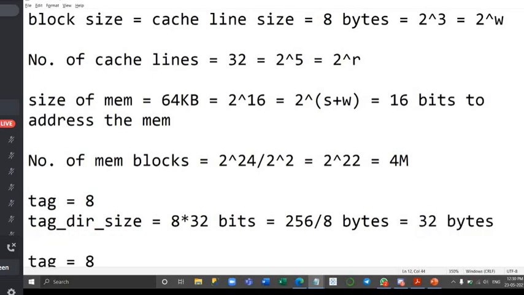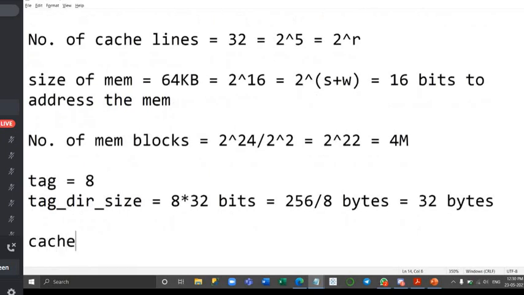I hope this part is clear. Tag is 8 bits, number of cache lines 32. Total number of bits for the tag directory is 32 into 8 bits. Divide that by 8, you get 32 bytes.